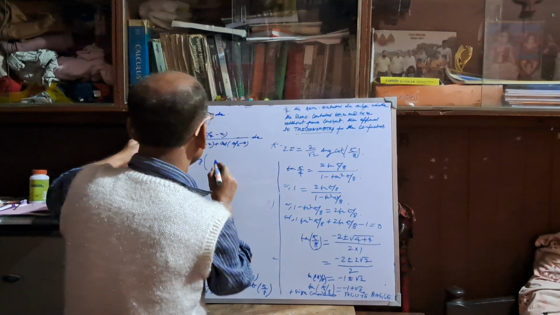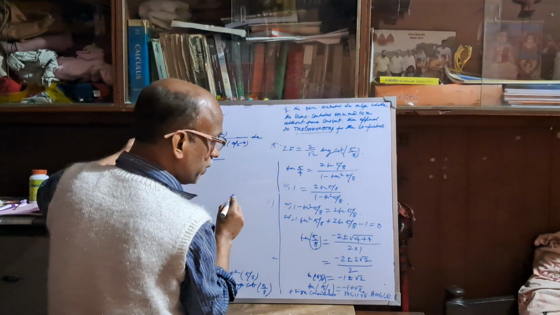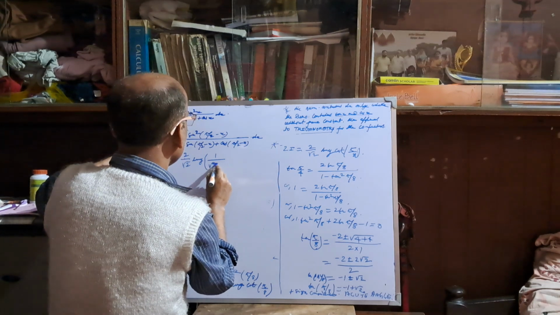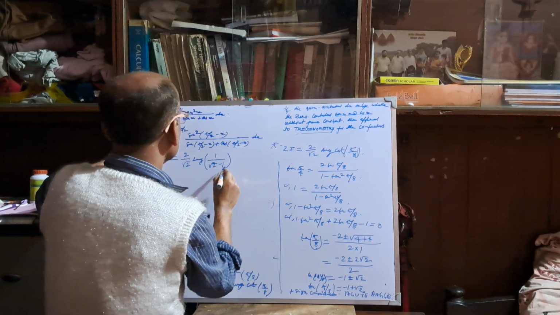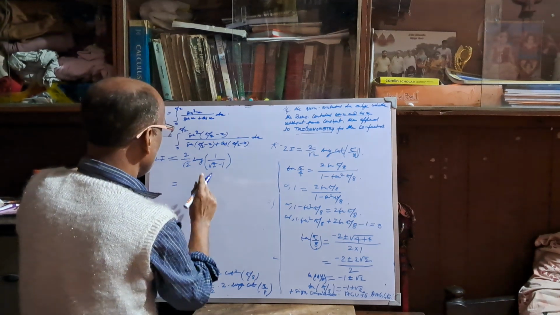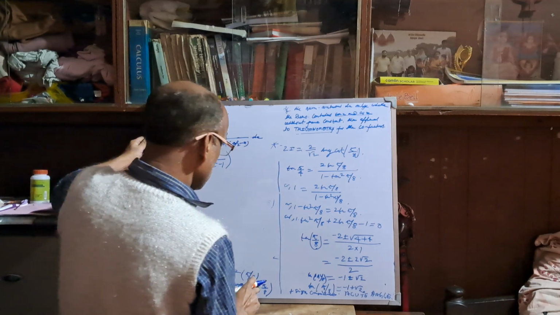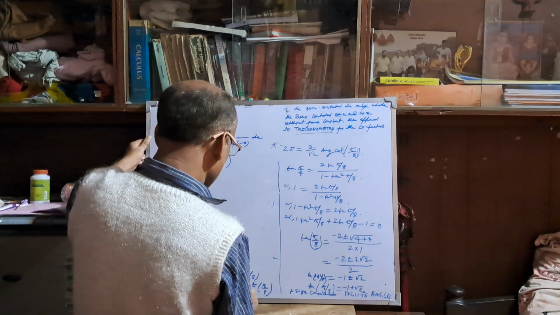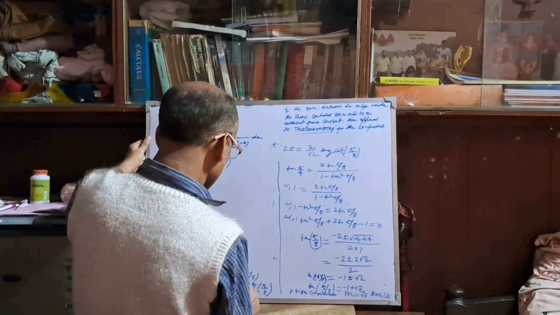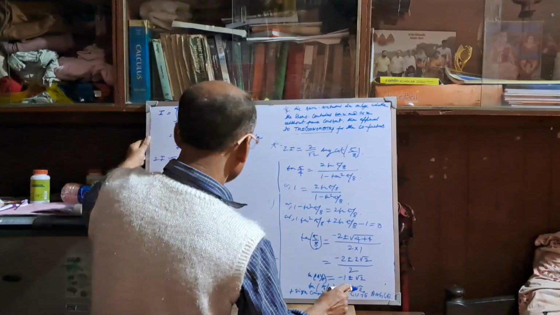That means I can write directly 1 divided by (√2 − 1). So this is the calculation: log of 1 divided by tan(π/8), and the value of tan(π/8) is −1 plus √2.